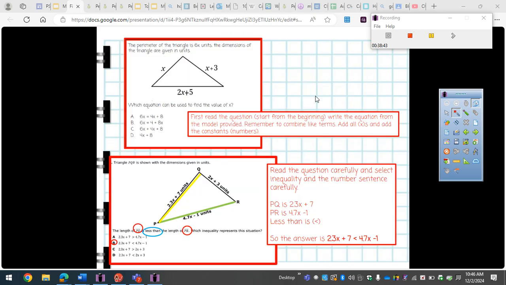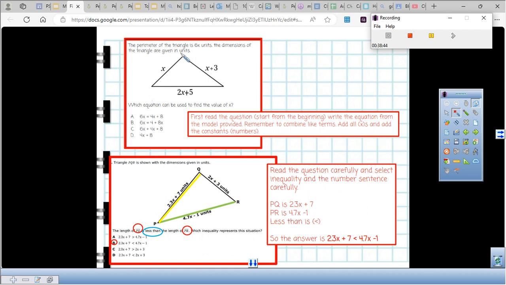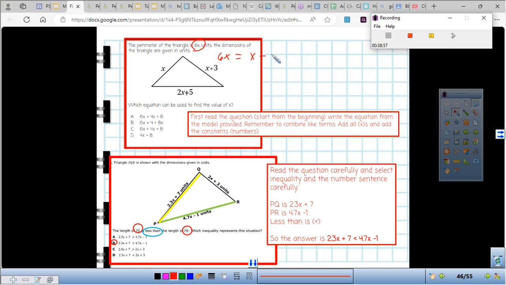Remember, this is talking about the perimeter is 6. This is a reading question, guys. 6x is the perimeter, which is adding up all this stuff, and that has to be equal to all of these added up, which is x plus x plus 3 plus 2x plus 5. See that? And then comma x and solve it. Just clean it up basically.